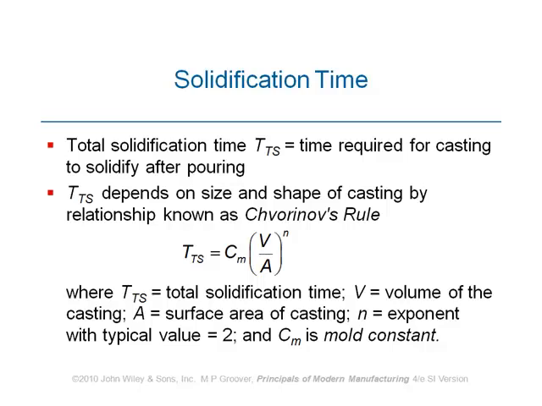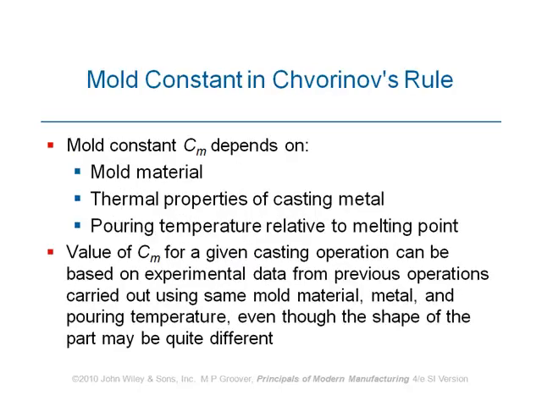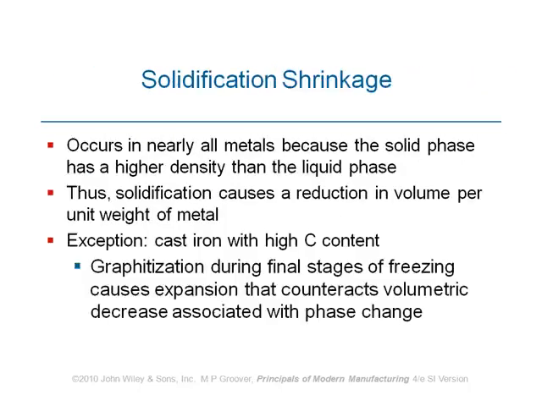And Cm is the mold constant, which depends on some characteristics of the molten material and also the die cavity. We've got to work this out, or it should be given to us in the statement of the problem. Now, let's skip these ones.